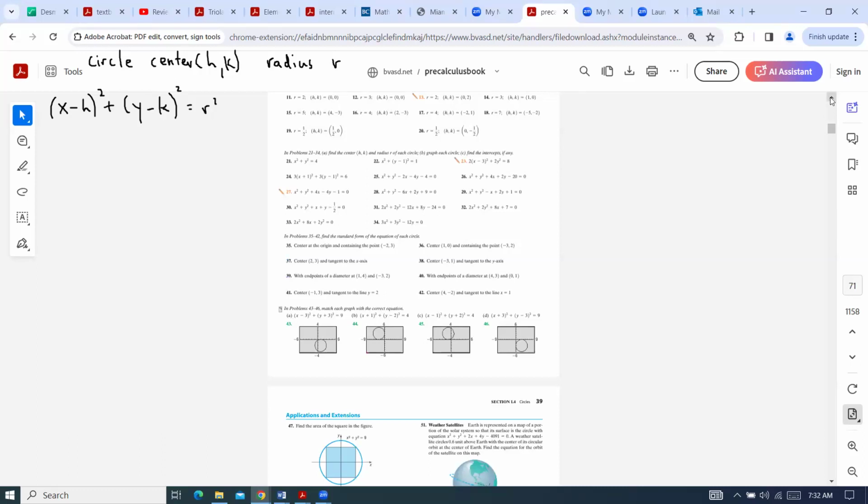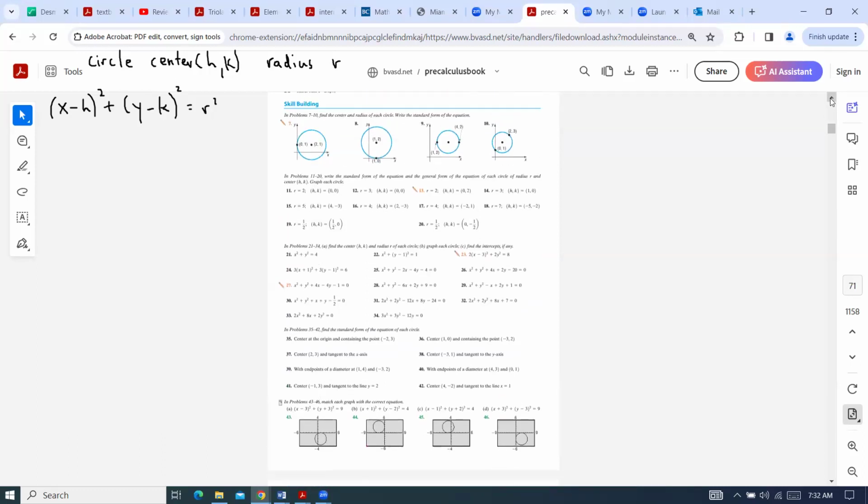So we usually look at the skill building exercises. Unless you prefer something else, you can always tell me if you are interested in some other exercise. The idea of this section 1.4, from the perspective of preparation for what we need, is to do problems that deal with the completing the squares procedure.